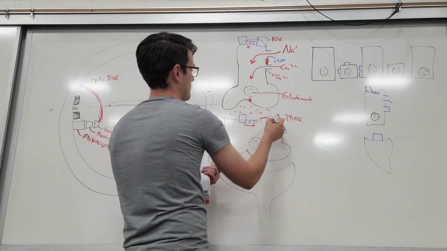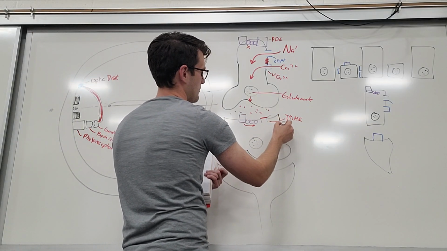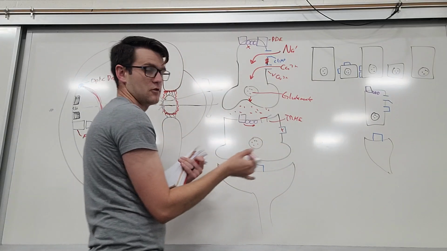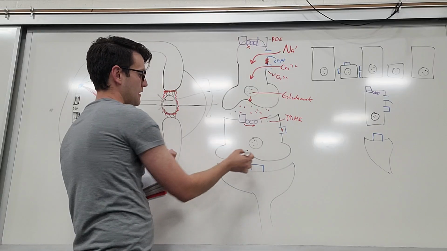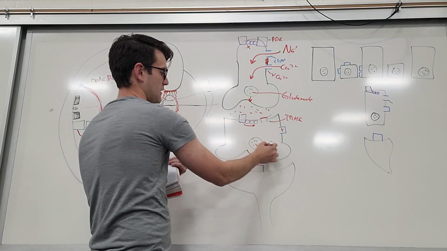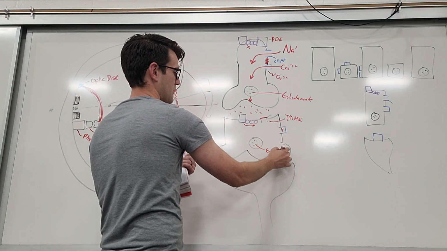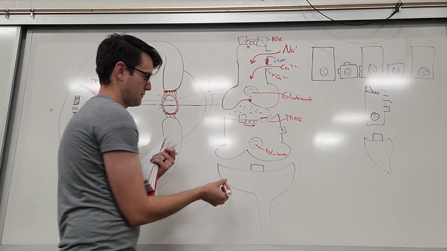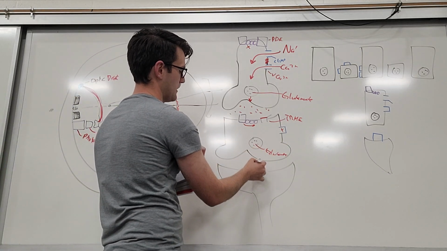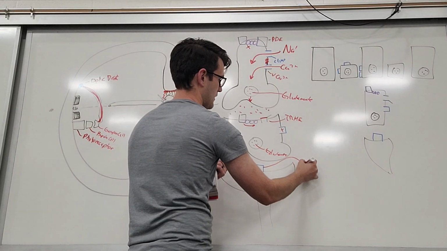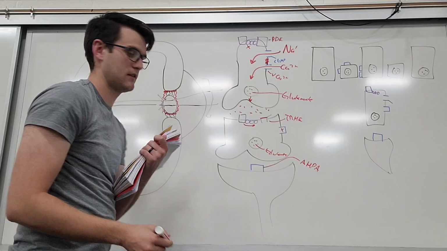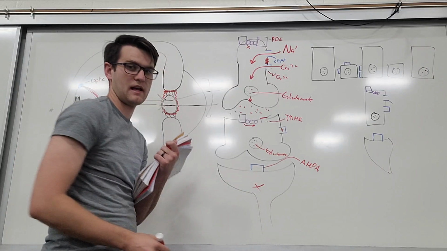Which means there's no depolarization, no voltage-gated calcium channels open, no calcium gets in, which means no glutamate. Glutamate is also in this bipolar cell. No glutamate gets released, and since no glutamate gets released, this AMPA channel on our ganglion cell doesn't get triggered. So then no action potential happens.